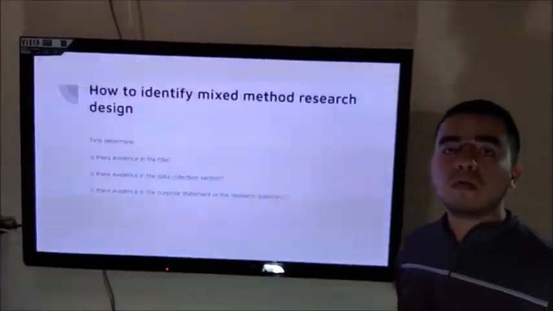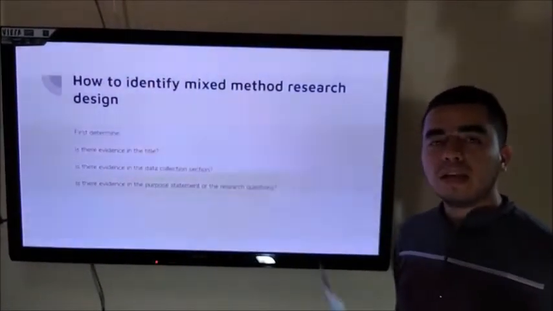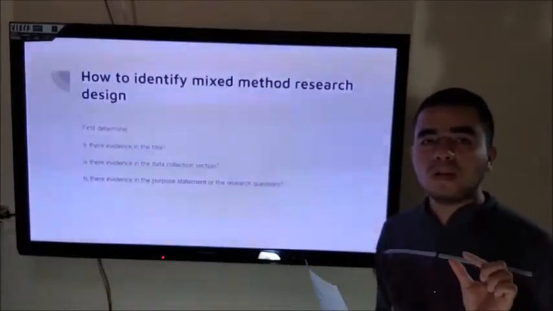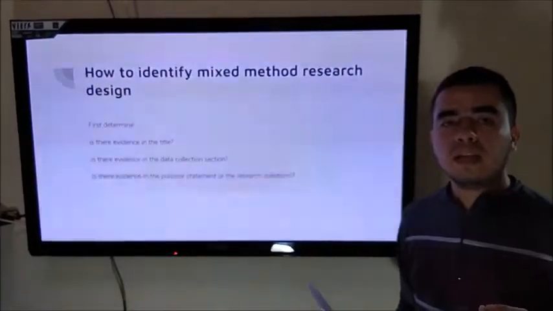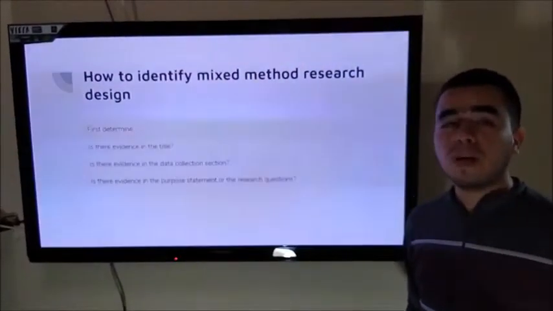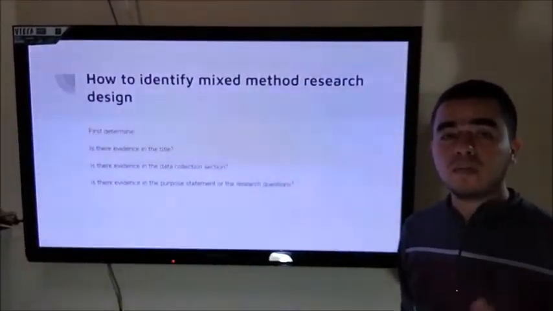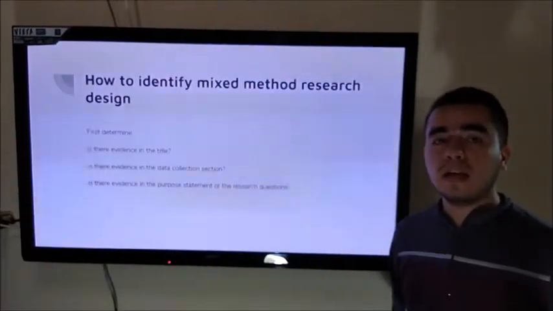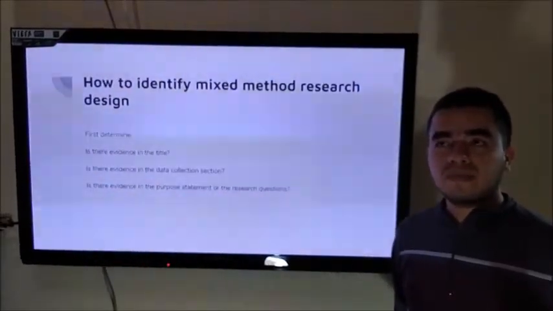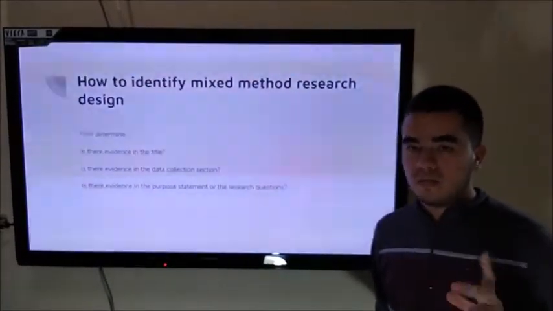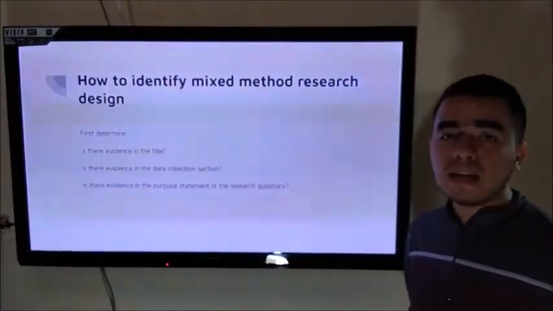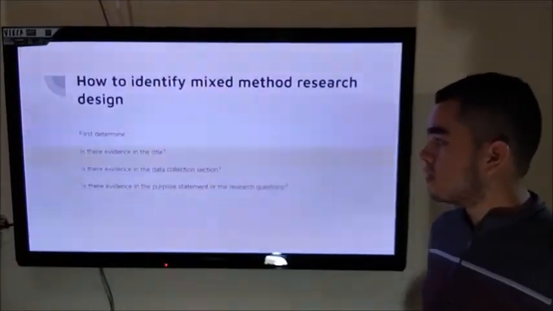You can look for a keyword that may help you recognize a methodology combining qualitative and quantitative data. Sometimes it is obvious, they put mixing inside the title, which is a very good key factor. Or embedding or triangulation, they also use those.